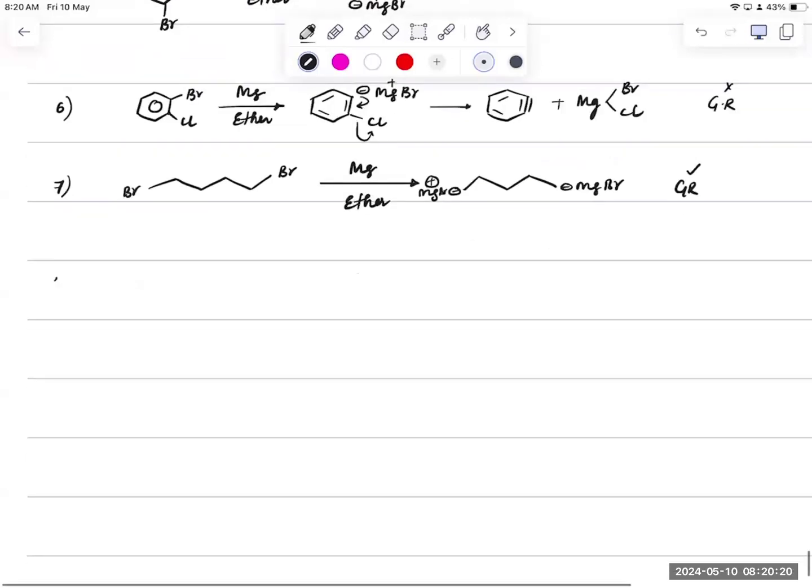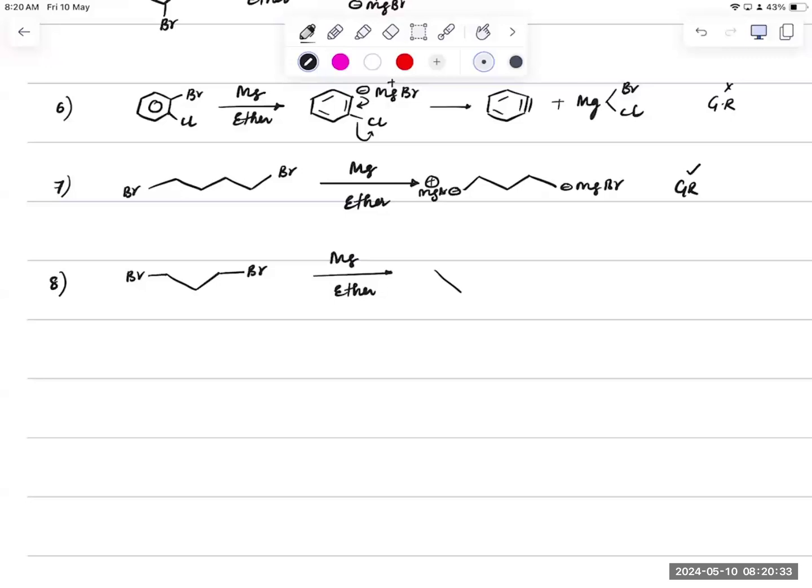But in case you have only 3 carbons, 1, 2, 3 carbon, and then we have Br here and Br here. In case of 3 carbons, with magnesium and ether, first we will get a minus charge forming here with MgBr plus, and internally this minus charge will push here and remove bromine to form cyclopropane, okay, plus MgBr2.